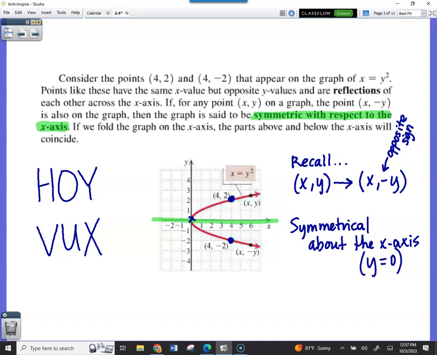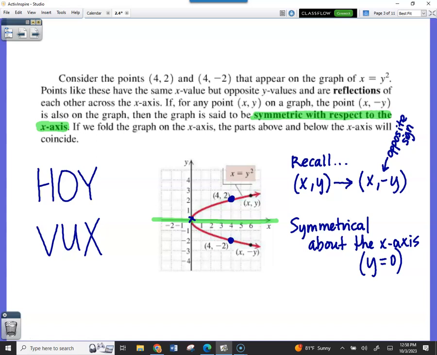There's really nothing new up there. Nothing new necessarily. You learned this written rule in geometry. I'm not asking you to memorize the rule. I'm just saying understand that if it's reflecting over the x, then x stays the same, y has a sign change. This is saying it's symmetrical over the x-axis.